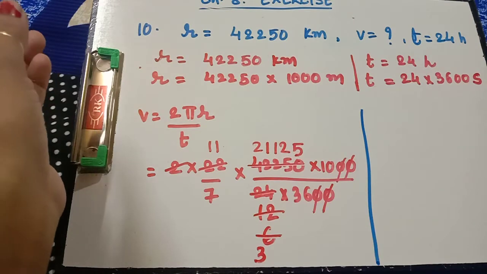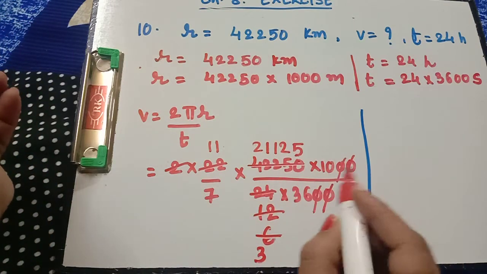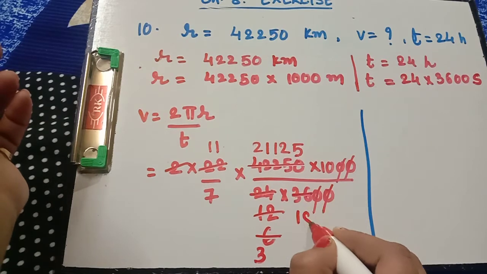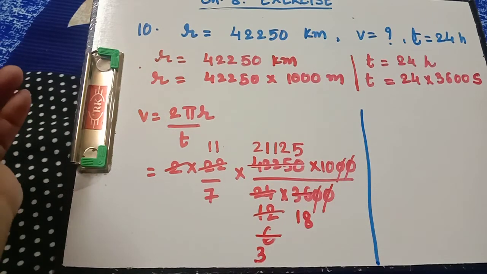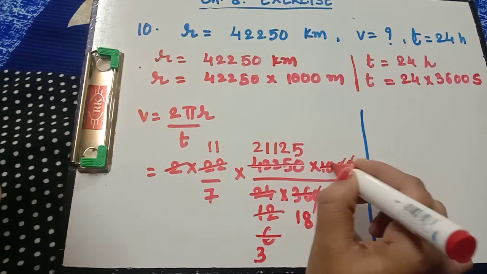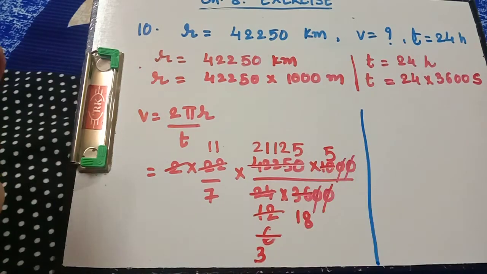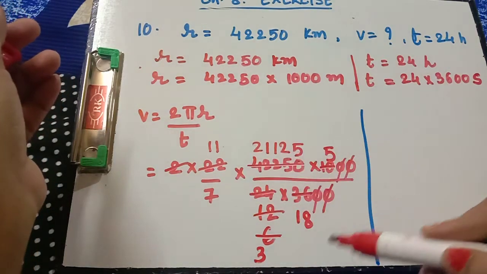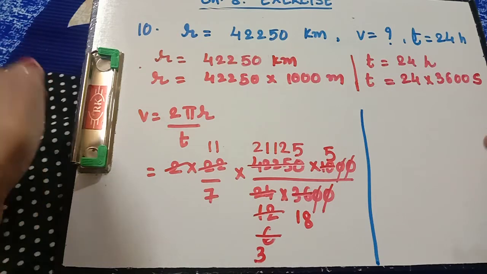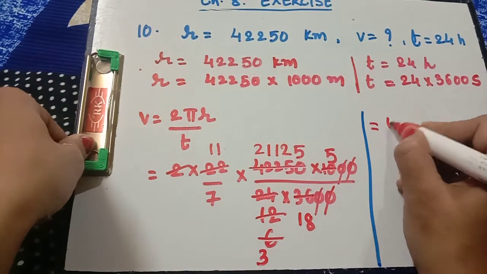Now I can do this, 18, 2 and 2, 5. Now I don't think anything else is cancelled, so we write the things which are there.